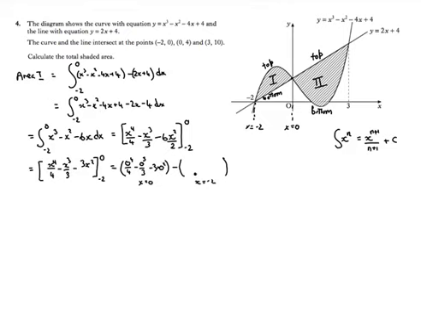Now we're putting minus 2 in, which is a slightly more substantial calculation. So we've got minus 2 to the power 4, 4 of these multiplied together, all over 4, minus minus 2 cubed, 3 of these multiplied together, over 3, minus 3 times minus 2 squared.